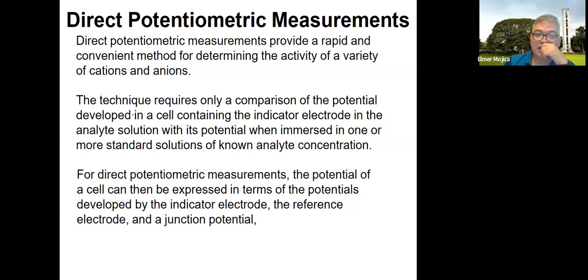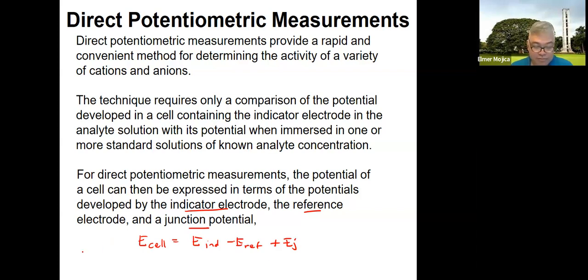So in direct potentiometric measurement, the potential of the cell can be expressed in terms of the potentials developed by the indicator electrode, the reference electrode, and the junction potential. So E cell is equal to E indicator minus E reference plus the junction potential.